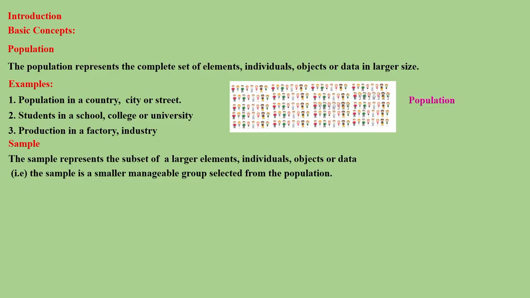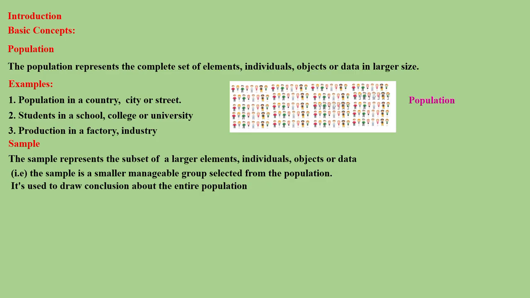Or suppose you take the 30 crore USA population, that is the population, a big set. If you want to take a sample from that, you can choose 100 Americans, or 200, or 1000. They are all small, a subset of that larger set. That is called sample.